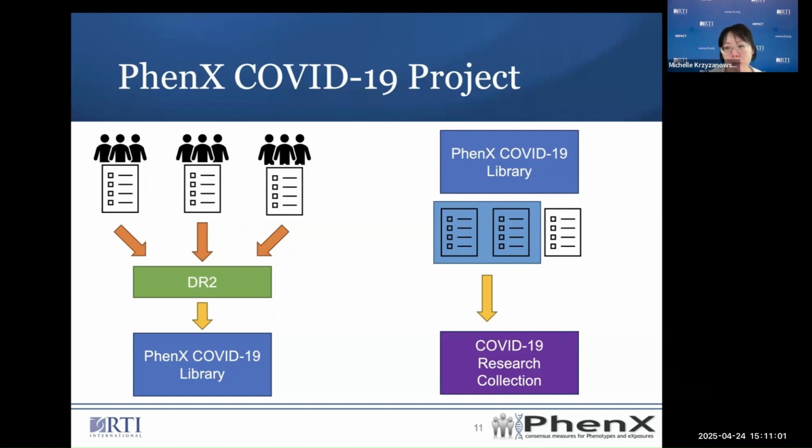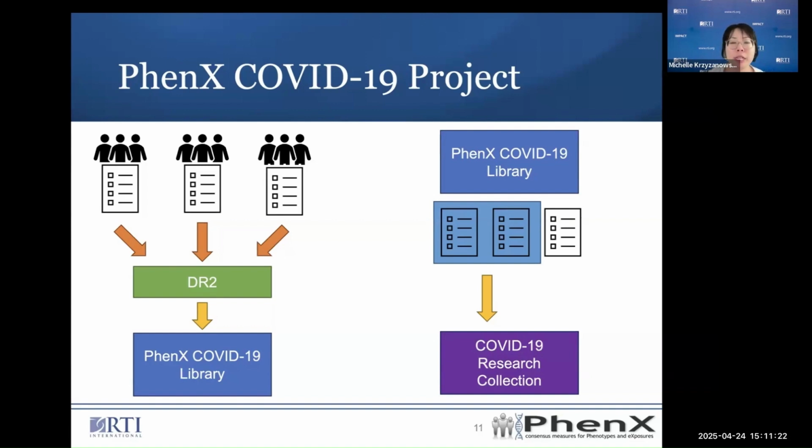Most of them are PDF formats of these questionnaires and surveys. So what the COVID-19 library contains are these PDF versions, which we call full instruments. And for each of those PDF versions, where applicable, we would break them down into subsections.